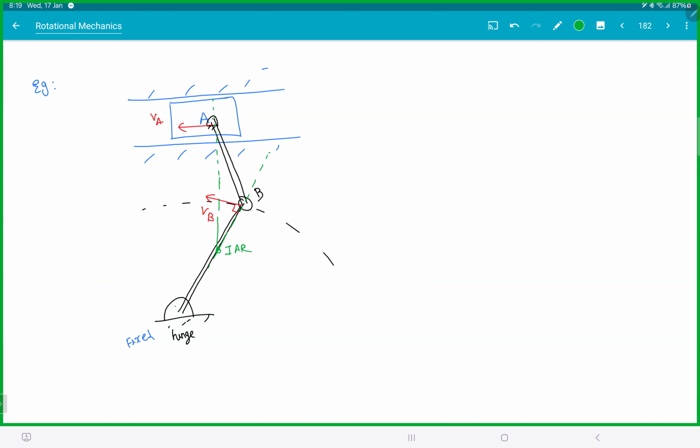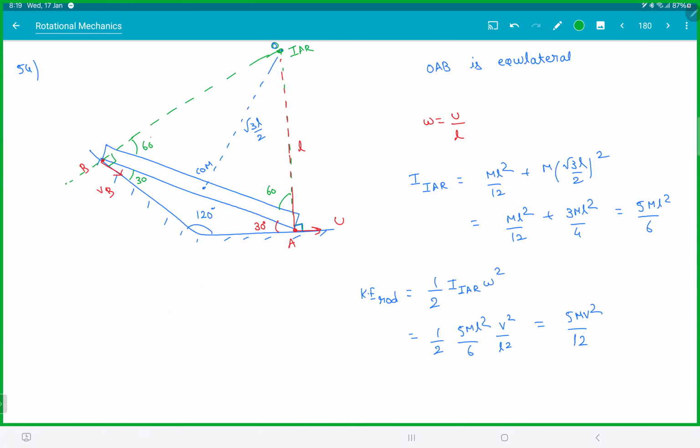Make sense? Kinetic energy will be 5 mb square by 12. Which question are you talking about? This question. Equilateral triangle नहीं बनेगा. इसमें 5 mb square because equilateral triangle था वो. हर बार 5 mb square by 12 क्यों आएगा?